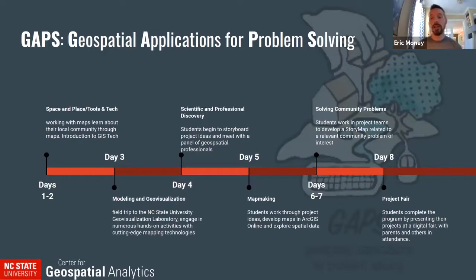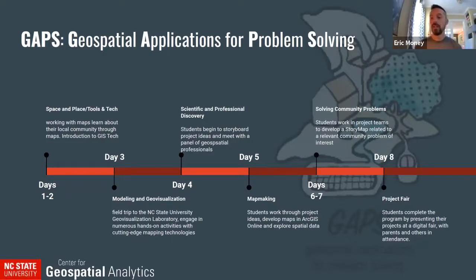And from there, they would develop their own question, storyboard their ideas, and then ultimately develop a story map using ArcGIS Online to pull in some data that they may have found and create some maps and visualizations.